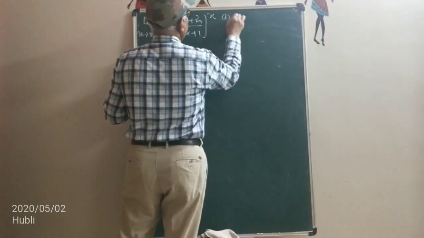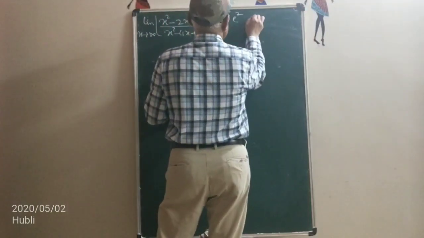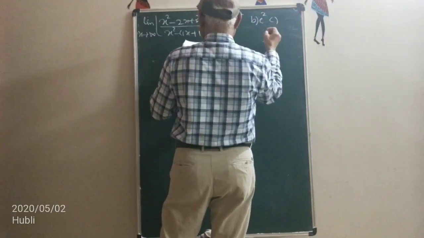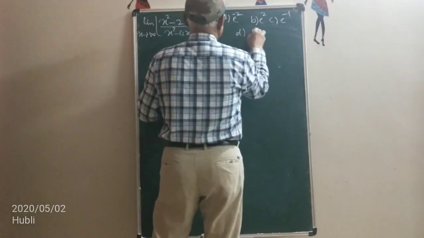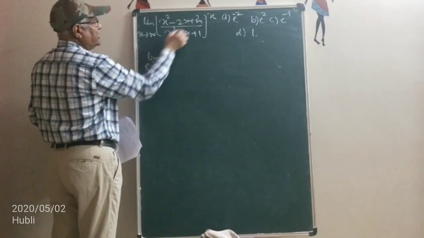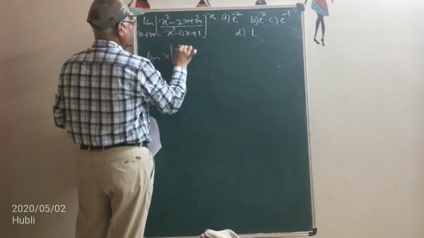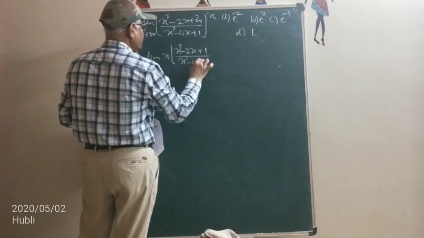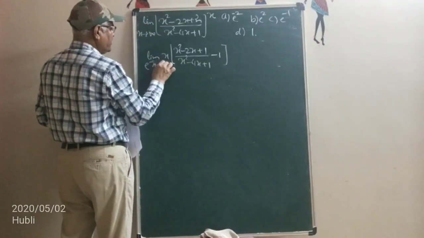The first option is e raised to e square, the second option is e raised to minus 2, the third option is e square, the fourth option is e raised to minus 1, and the last option is 1. Okay, see here, e raised to limit of g of x, that is x into the bracket, f of x minus 1, that is x square minus 2x plus 1 divided by x square minus 4x plus 1, minus 1, as x tends to infinity.